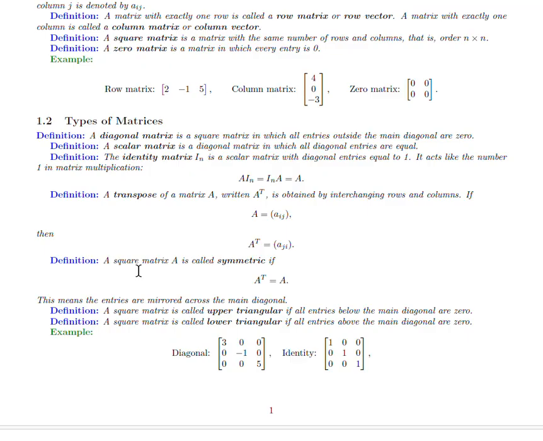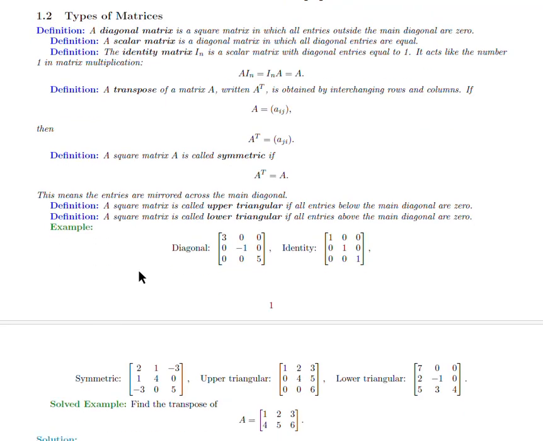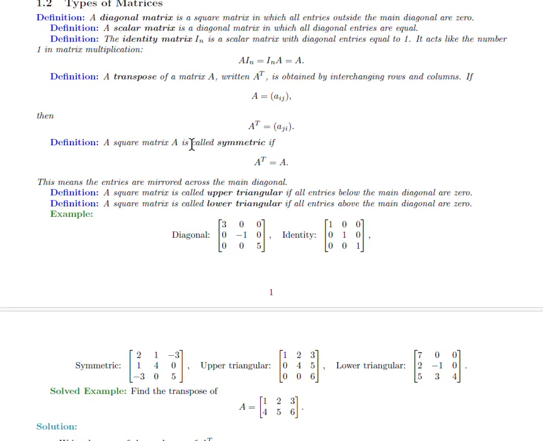Another definition: a square matrix A is called symmetric if A transpose is equal to A. That is, if a matrix A is equal to its transpose, then that matrix is symmetric.